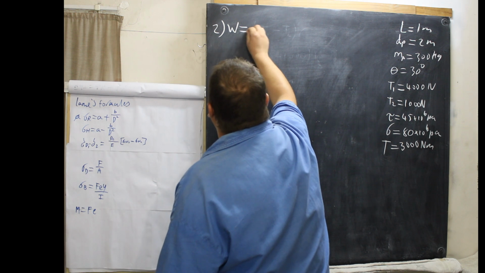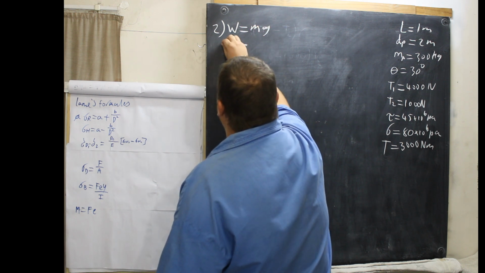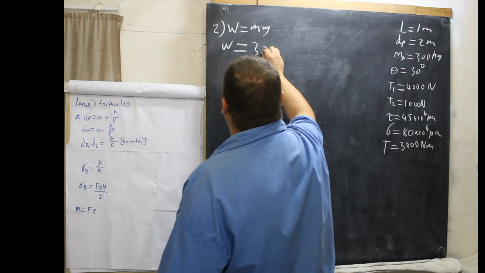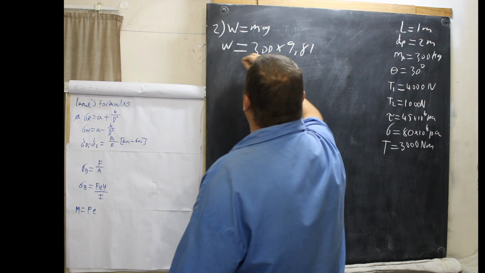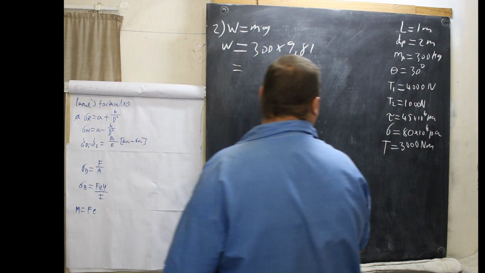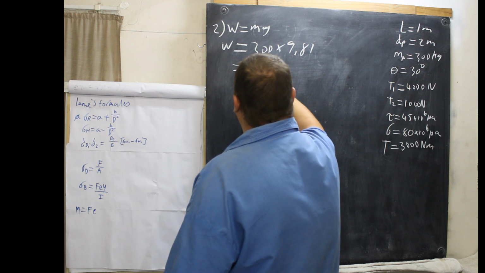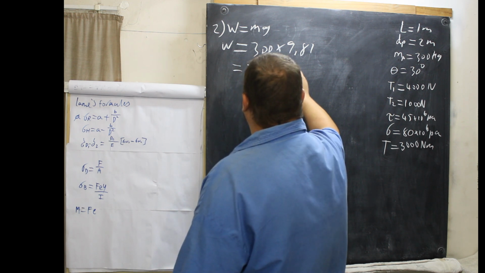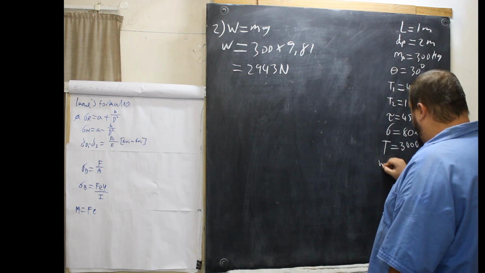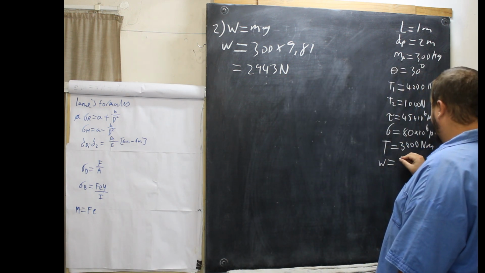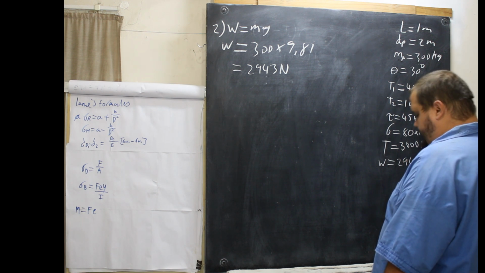Weight is M times G. So weight equals 300 times 9,81, which equals 2943 newtons. Weight will be important later.